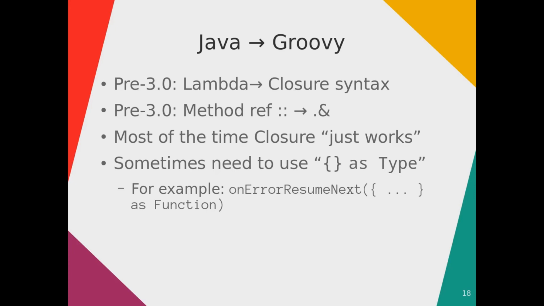But sometimes, such as when you use onErrorResumeNext, you need to use the as keyword to cast to the specific type that you want your closure to be, because it's an overloaded method, and so it can be ambiguous in that case.